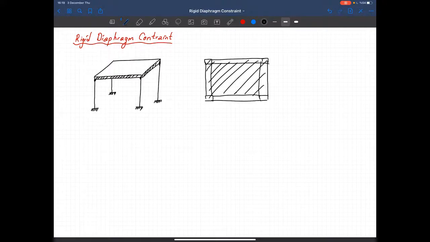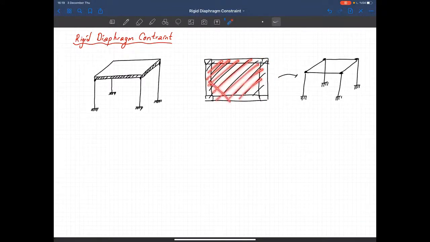But when we want to model this by using the wireframe model, we will model the beams as follows. The columns. But the question is, how can I model the behavior of the slab? Because I don't want to model the slab, I just want to represent its behavior.